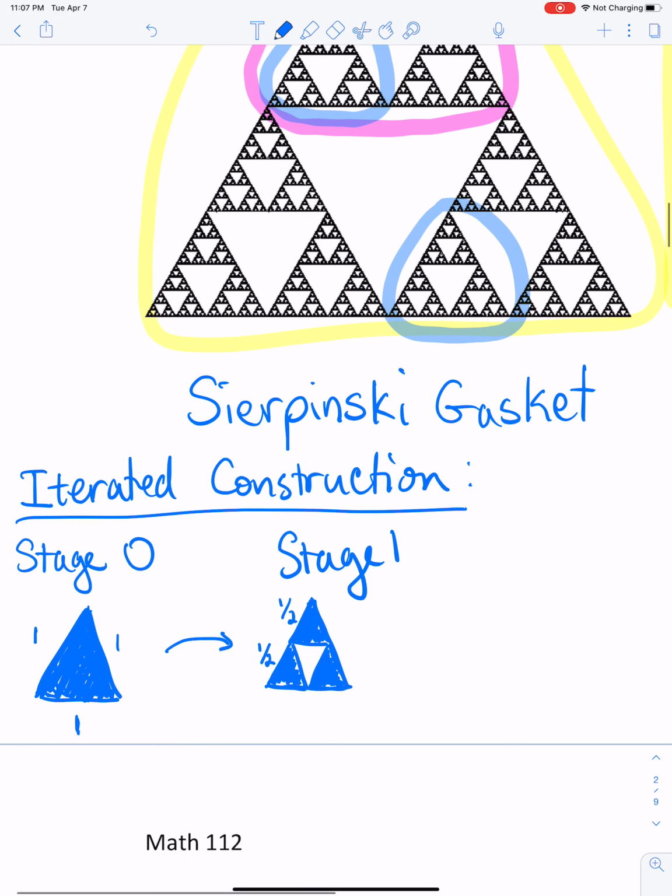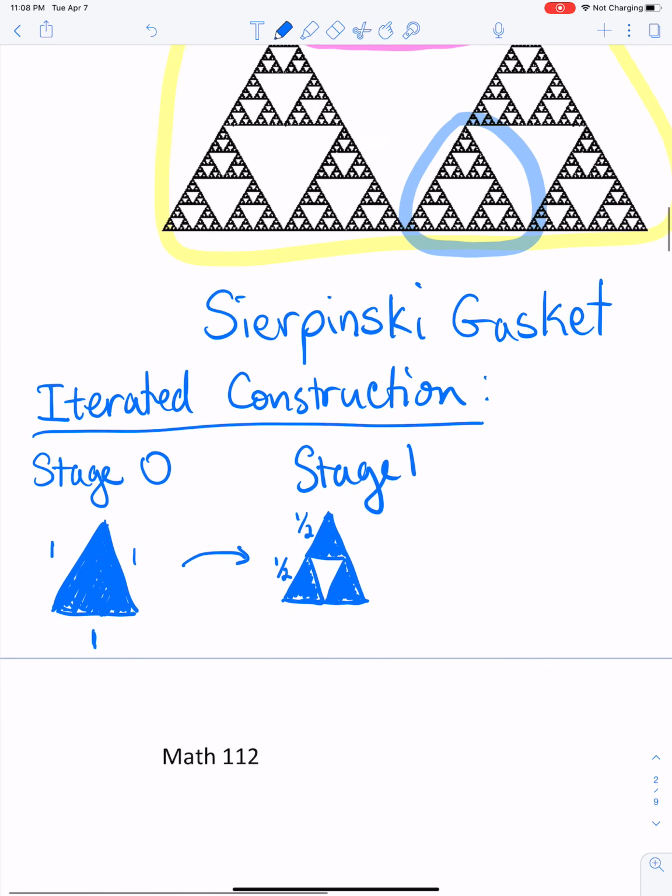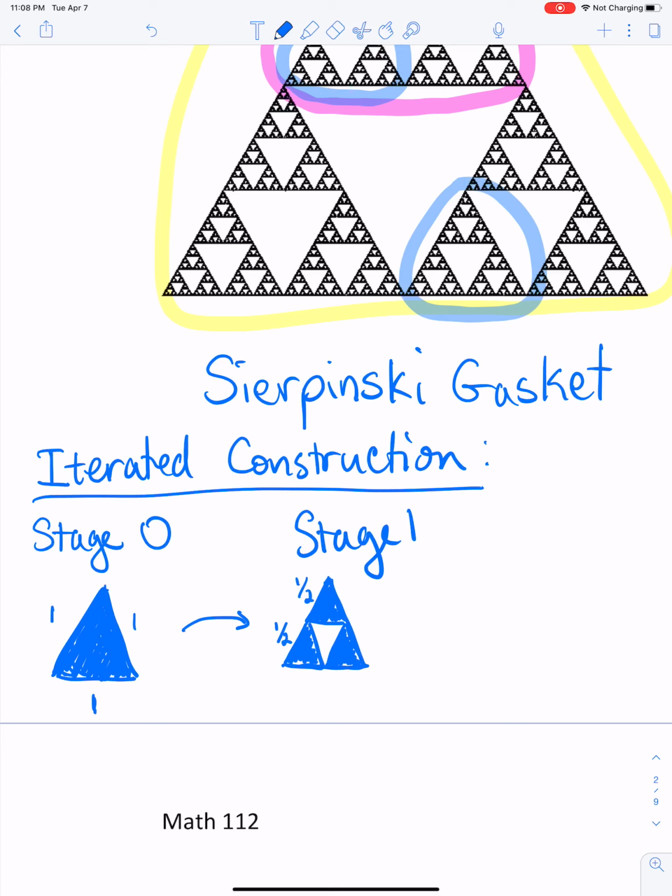So another way of thinking about moving from stage 0 to stage 1 is, rather than taking the original, shrinking it by 1/2, and putting 3 copies together, we take the original and remove this center triangle from it.